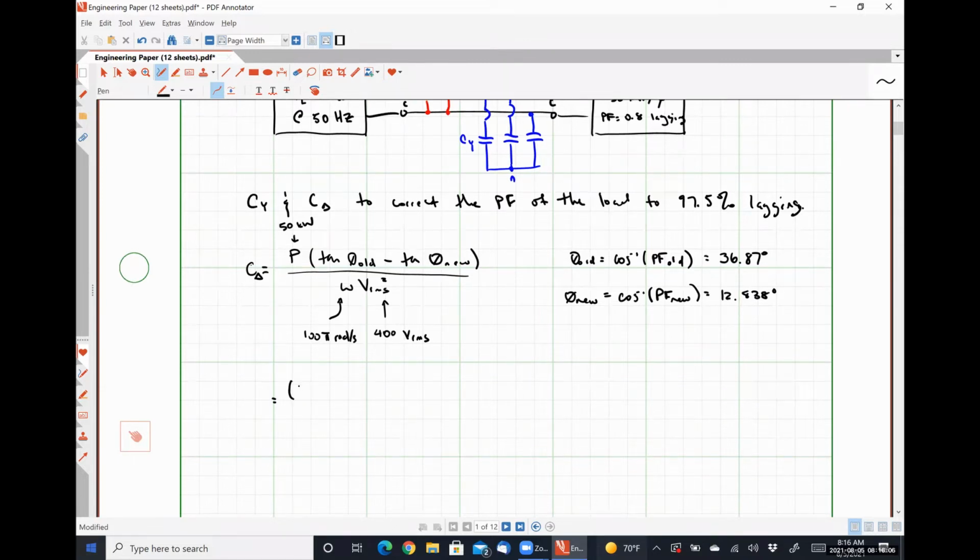That would be 50 kilowatts times the tangent of 36.87 degrees minus the tangent of 12.838 degrees, divided by 100 pi radians per second multiplied by 400 volts RMS squared.